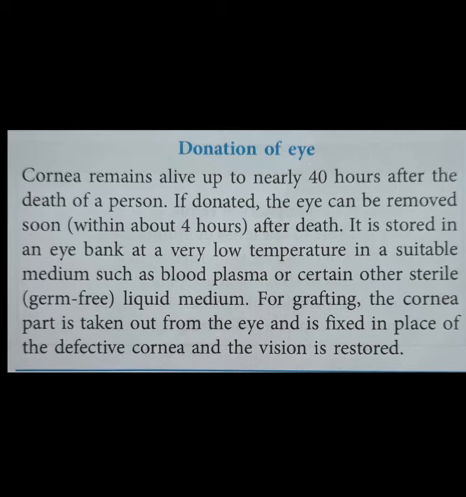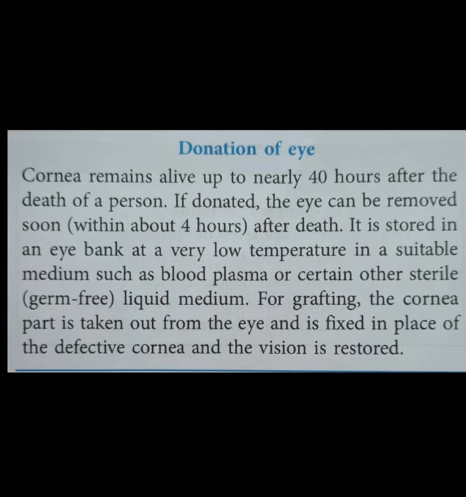The cornea remains alive up to 40 hours after the death of the person. So, if the eyes are removed from the body within 4 hours after death, and then they are preserved in a suitable liquid at low temperature like blood plasma, then the cornea of this donated eye can be used to replace the cornea of defective eyes.